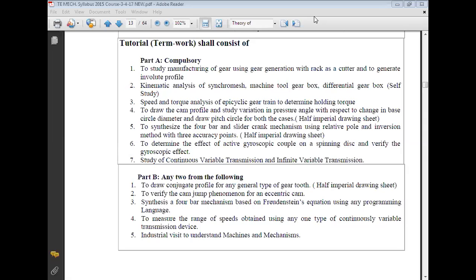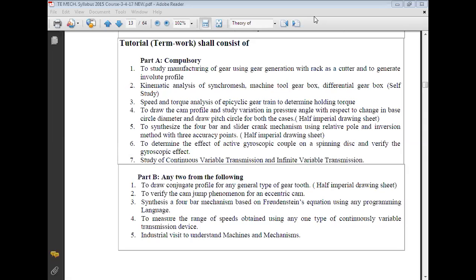Now next is the optional part of the term work, that is nothing but part B. We have to select two parts out of which the very first is to draw the conjugate profile for any general type of gear tooth. It is to be drawn on the half imperial drawing sheet.